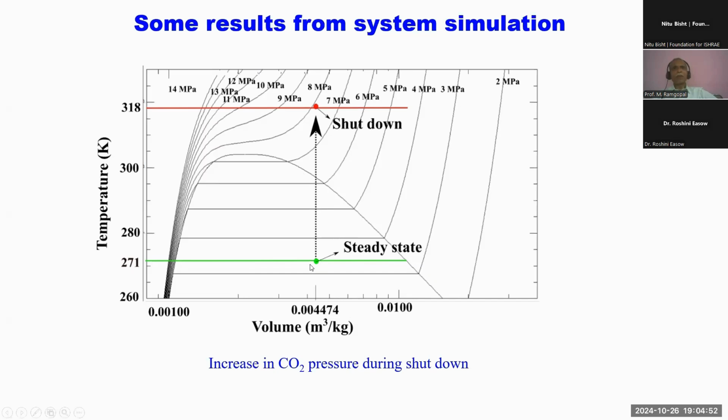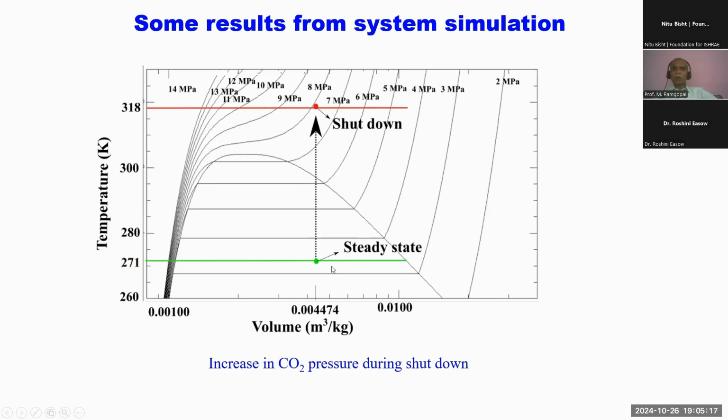But due to some reason, the loop is switched off. Okay, or the system is switched off. Once the system is switched off, the entire system will try to reach equilibrium with the surroundings. If we assume that the surrounding temperature is 43 degrees centigrade, a worst case scenario with hot surroundings, then you will find that the temperature of carbon dioxide slowly starts rising, right?